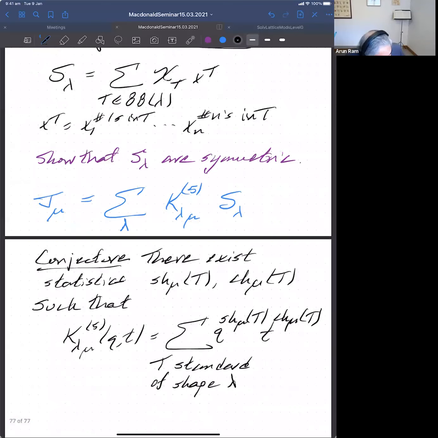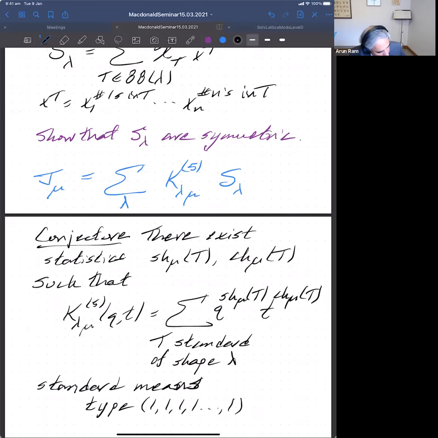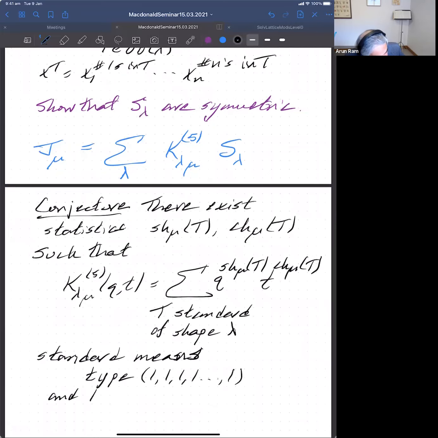So standard means filled with 1, 1, that it's of type 1, 1, 1, 1, and a horizontal strip. So in other words, it's increasing in rows and increasing in columns, and it's just filled with 1, 2, 3.